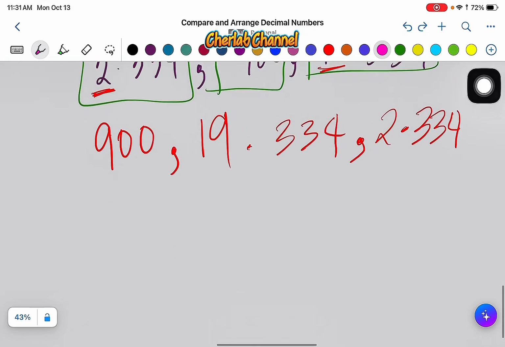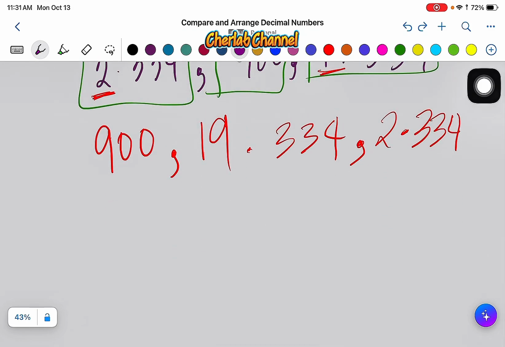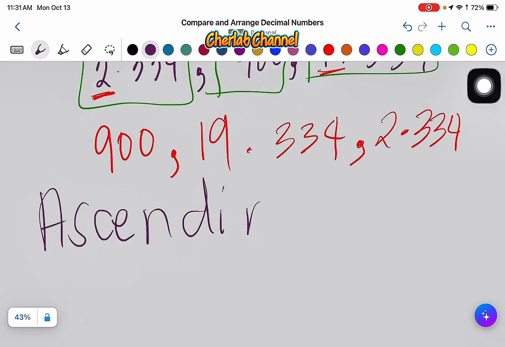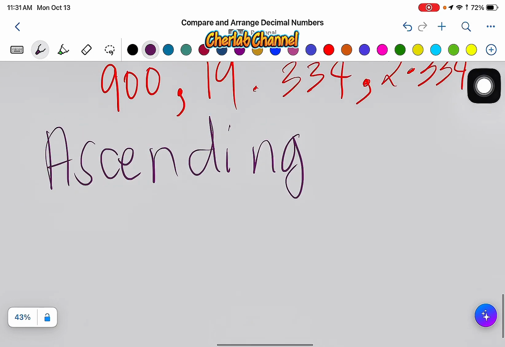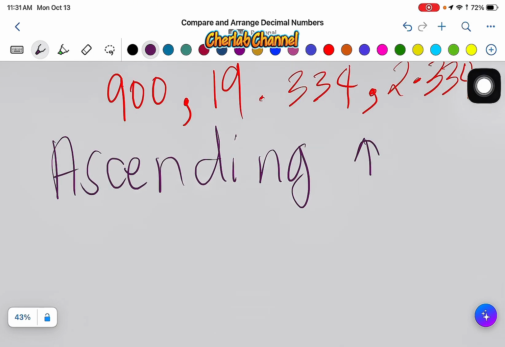So let's try one more time. Let's say we will arrange the numbers in ascending order. Ascending. That means we have the skyrocket or an arrow paakyat.